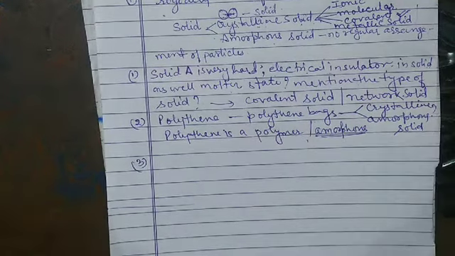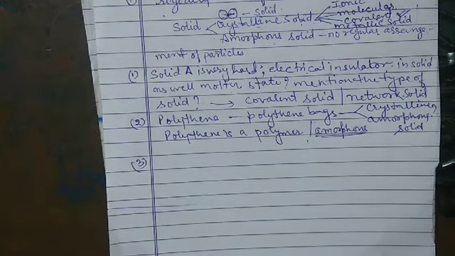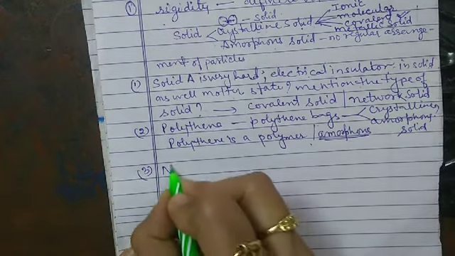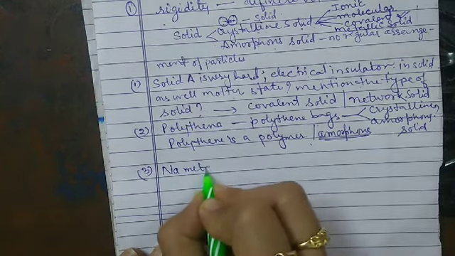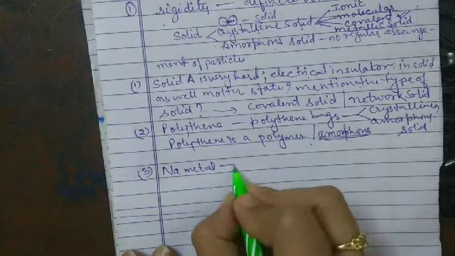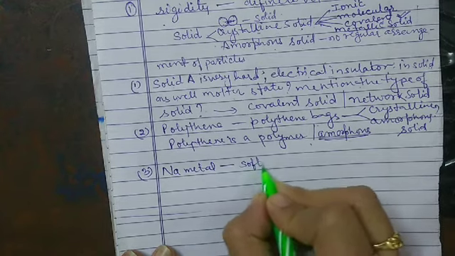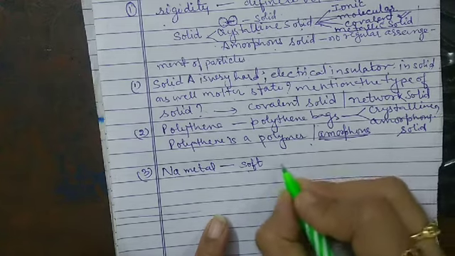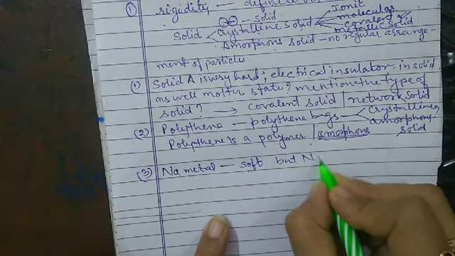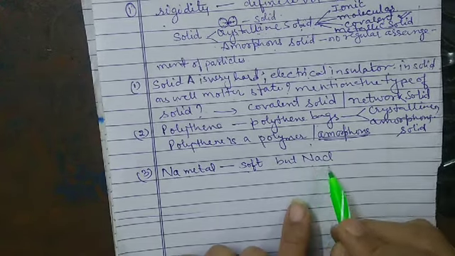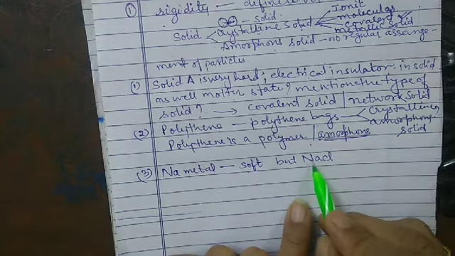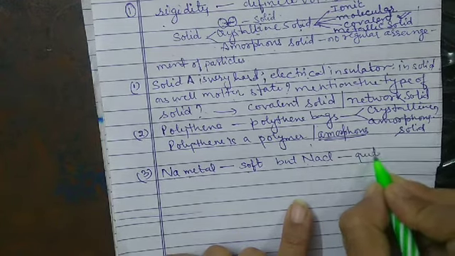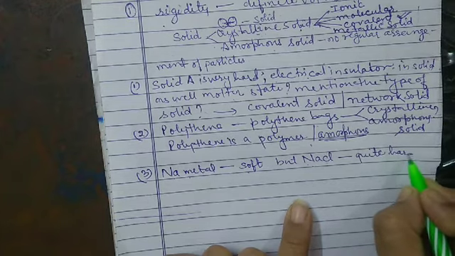Now, on the basis of this case study, the third type of question is about sodium metal. The sodium metal is quite soft. But NaCl, that is sodium chloride, is quite hard.